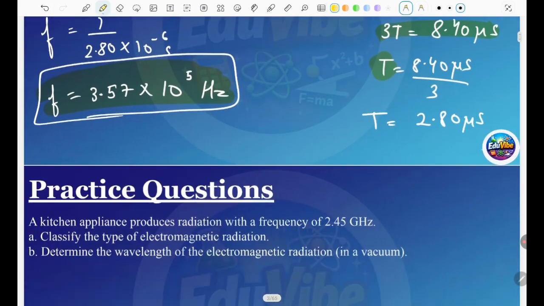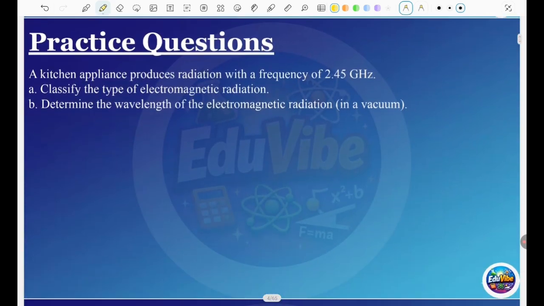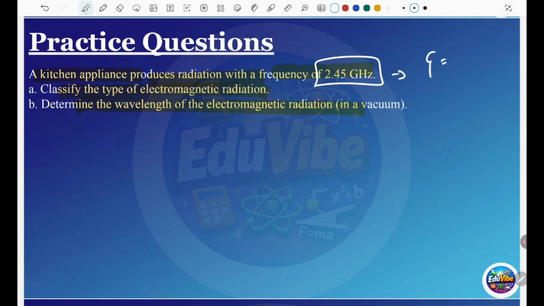Next question says that a kitchen appliance produces radiation with a frequency of 2.45 gigahertz. Classify the type of electromagnetic radiation and find the wavelength in a vacuum. Giga has the value of 10 raised to power 9.